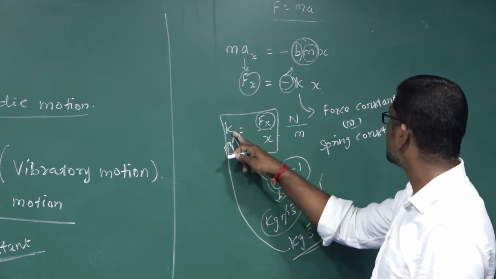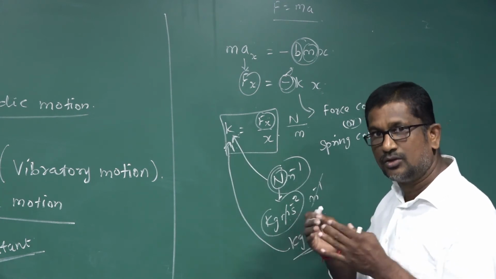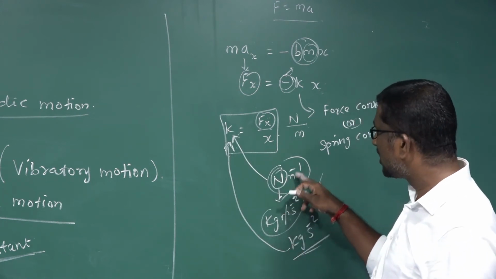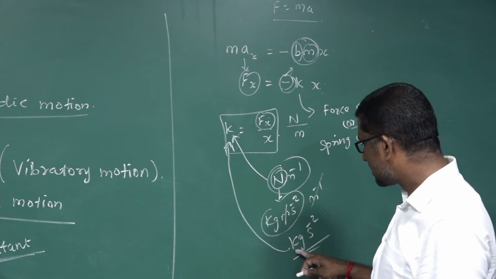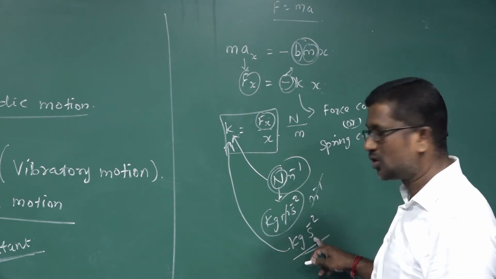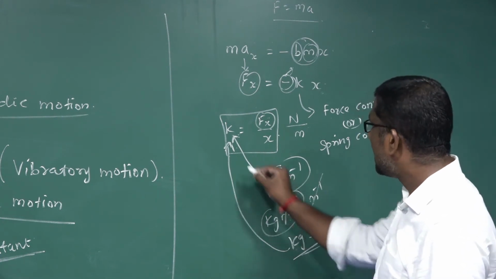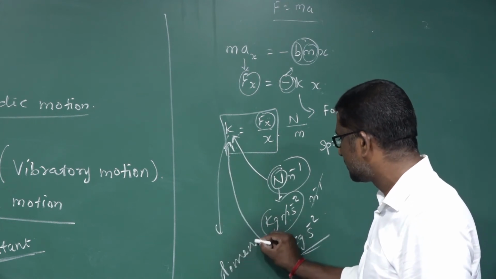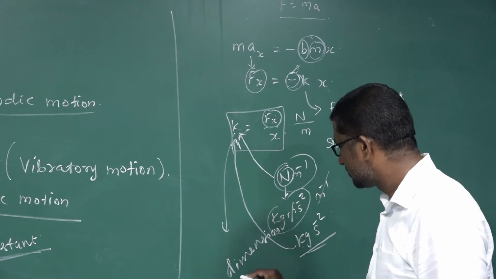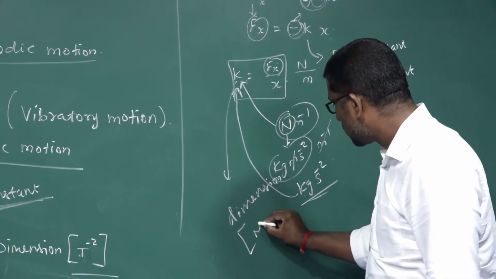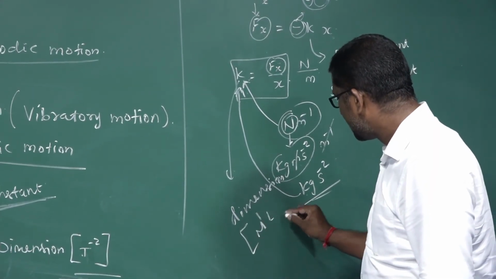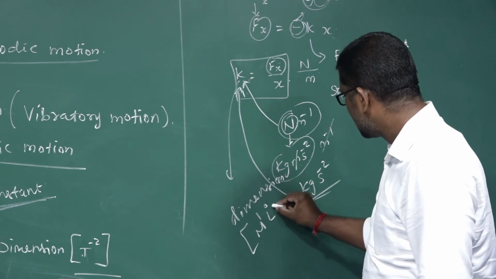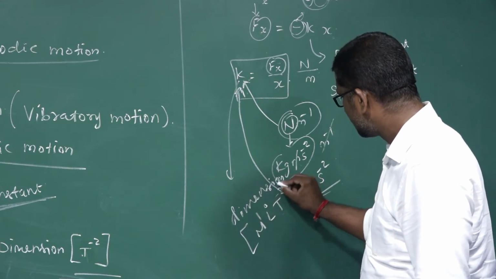So spring constant or force constant has two units. One is Newton meter inverse and another one is kilogram second power minus 2. And its dimension, right, M power 1, L power 0 and T power minus 2.